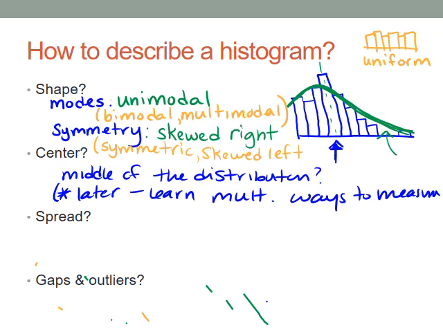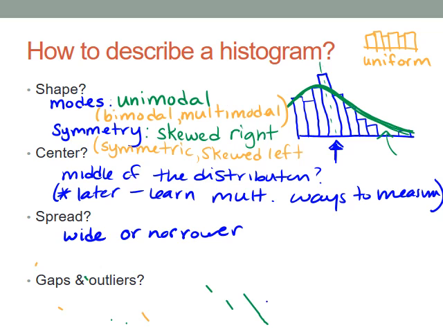And finally, spread. How spread out is my information? Do I have a really wide histogram or a really narrow histogram? We're going to learn some specific ways to measure spread, but when you're measuring spread, you're thinking about, okay, I have this center value. Well, how different are the other values from that? That's a really important measurement in statistics.